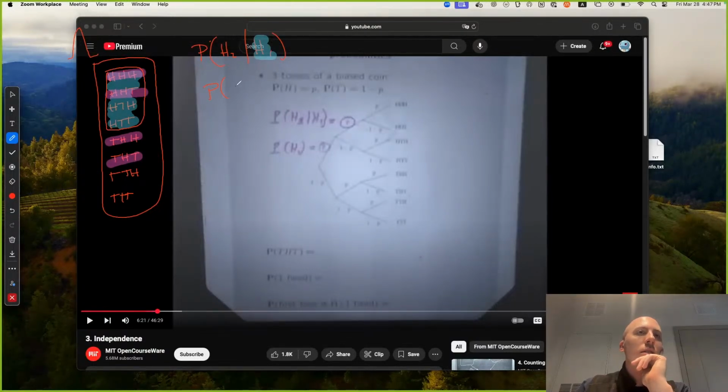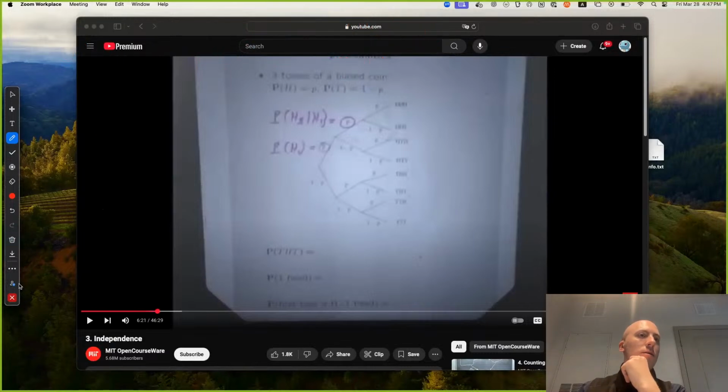It's the probability of H2, given that we're in the H1 universe, which is the intersection of H2 with H1. If we wanted to do it like Bayes' rule, I guess.